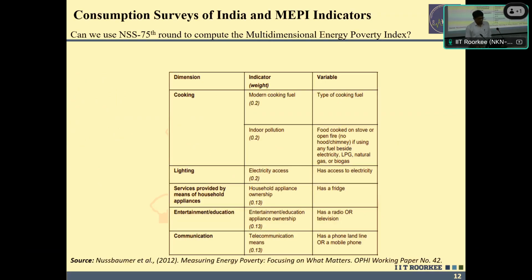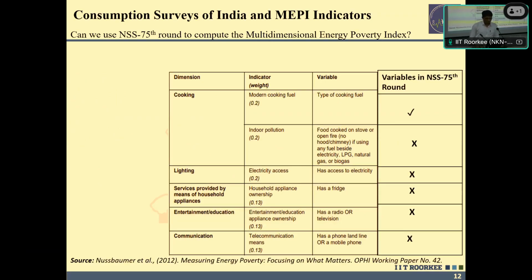Whether these are available or not, Priyanka actually helped with this, and we found that only one indicator is more suitable from this round. Whereas we check the consumption expenditure, not the health round. So this is a household consumption expenditure.